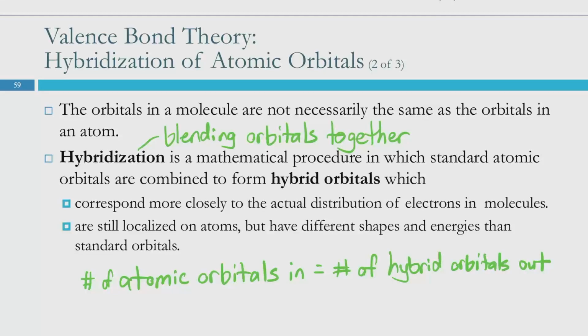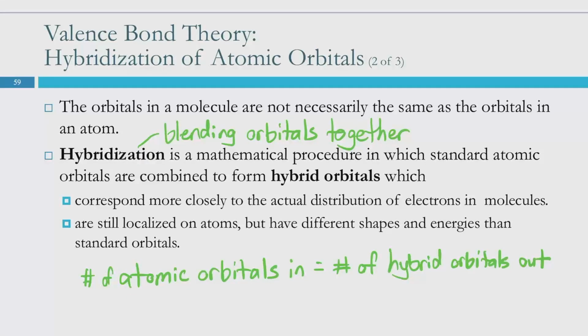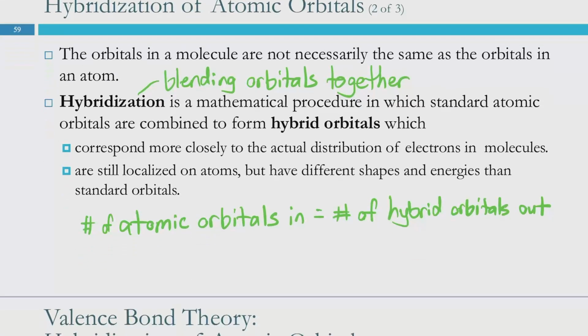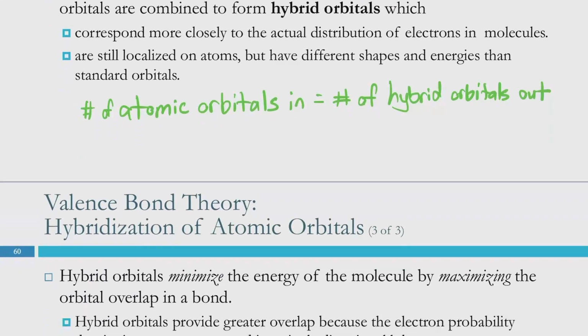If we put in 3 atomic orbitals, we'll get out 3 hybrid orbitals. And these end up having shapes that we are already familiar with because we talked about them in valence shell electron pair repulsion theory. They're going to look a little different, they're going to sound a little different, but the shapes are things that we've seen before.